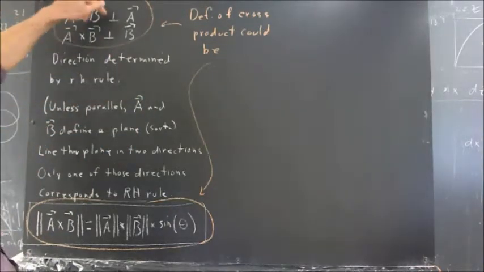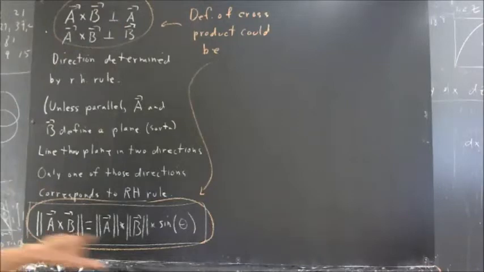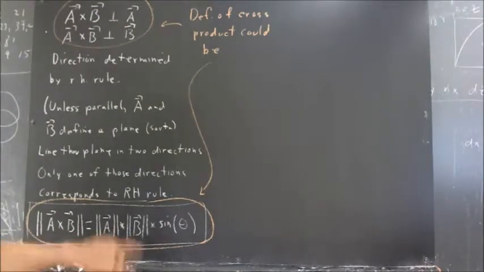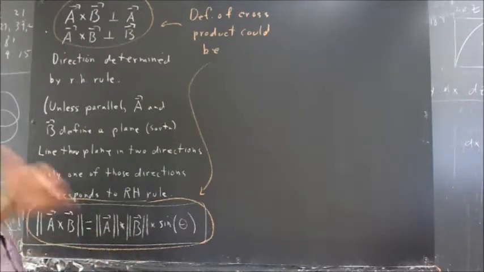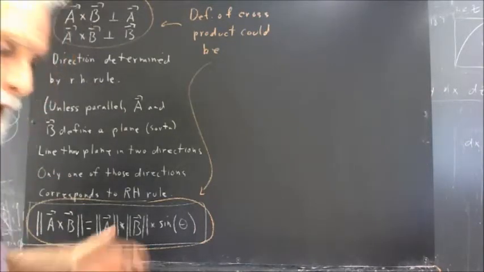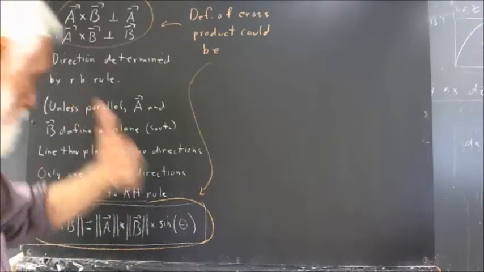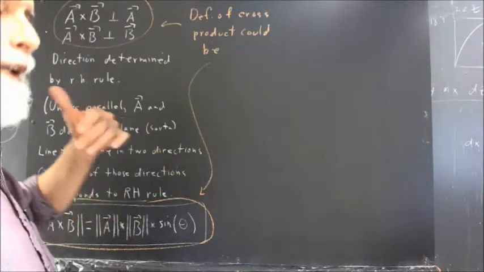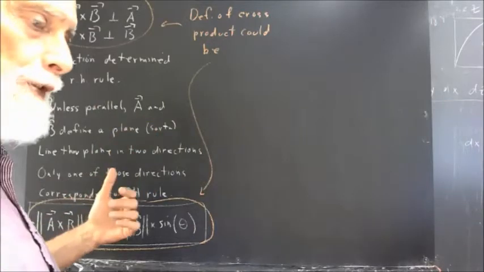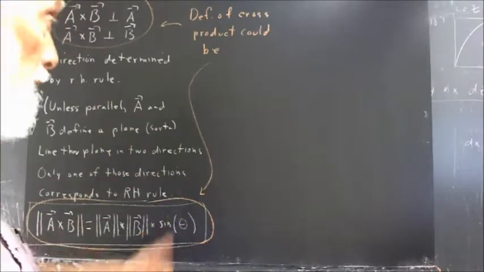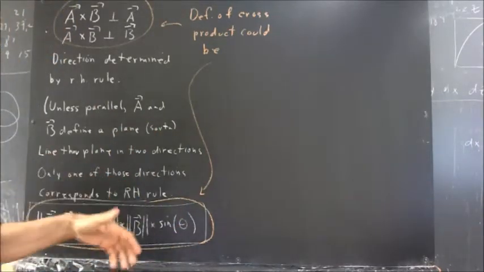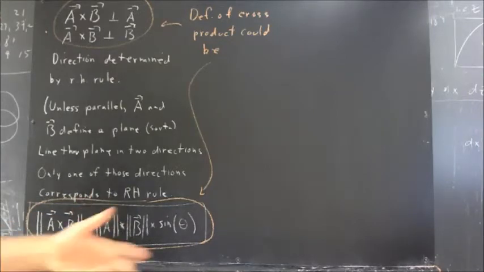The cross product is perpendicular to both vectors, and it has magnitude given by this formula. If that's the case, then it turns out that the cross product has to have the properties that i cross j equals k, i cross k equals negative j, and j cross k equals i, i cross i is 0, j cross j is 0, etc.